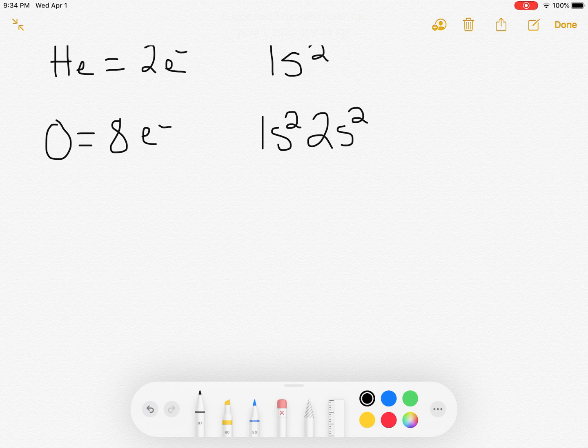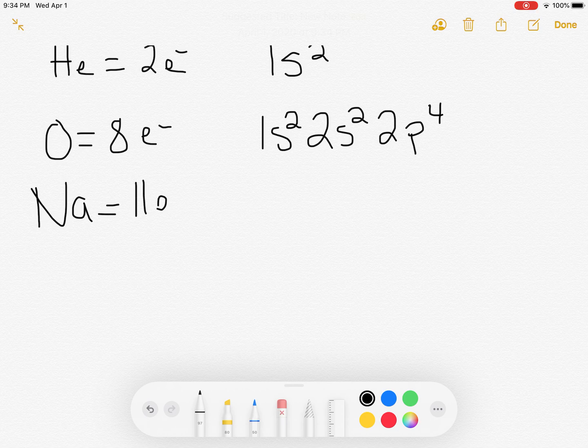And again, s can hold up to 2 electrons. I've used 4 electrons so far, and I have 4 more to go. So then we go from 2s to 2p, and I put the rest of the electrons in 2p. Remember, p can hold up to 6 electrons, but since I only had 4, that's all I'm going to put into the p subshell.